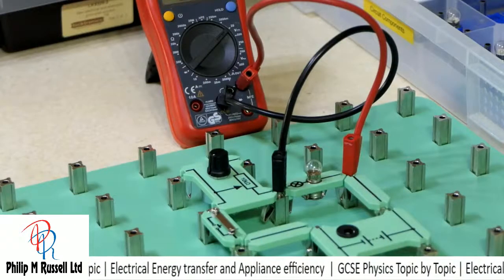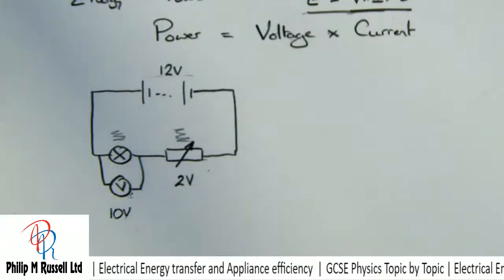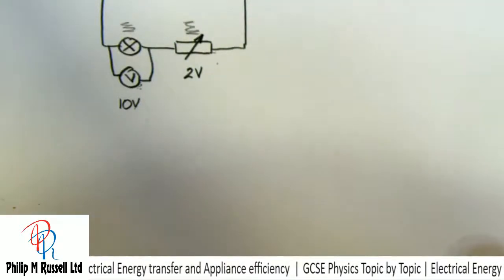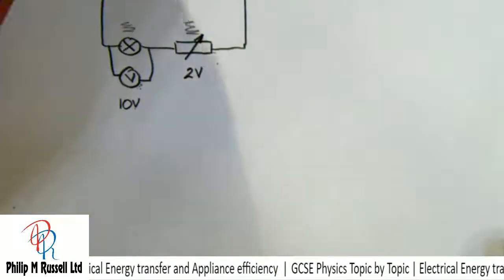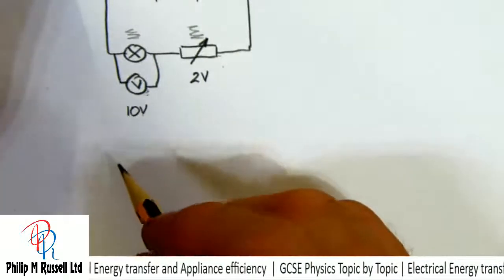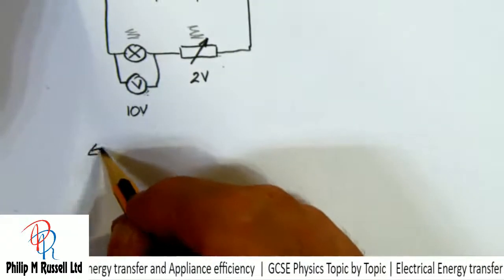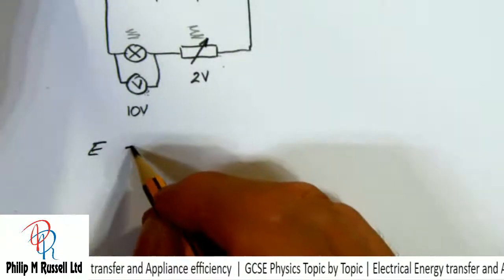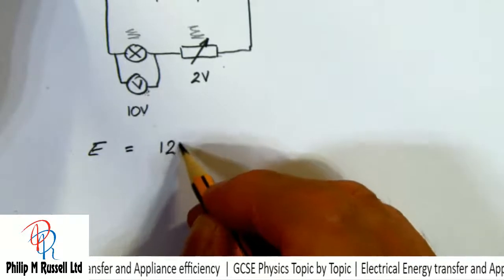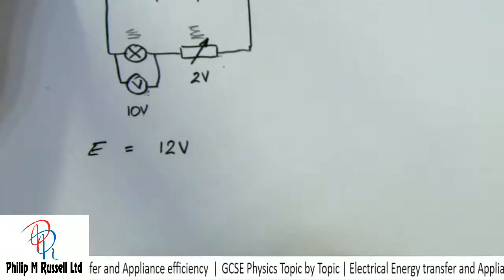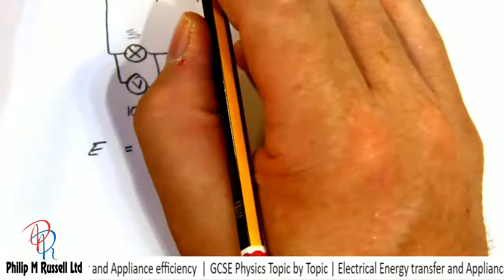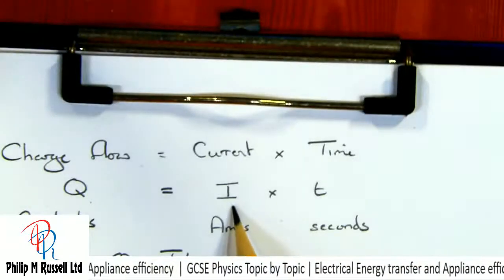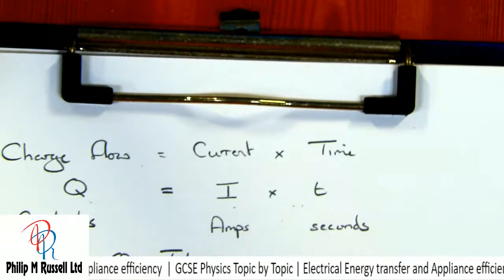If we try to work out what's going on here, let's try a little sum. So if we've got here working on our energy, let's suppose we've got 12 volts, and I need to know my number of coulombs, and we know my coulombs is going to be my current times the time.